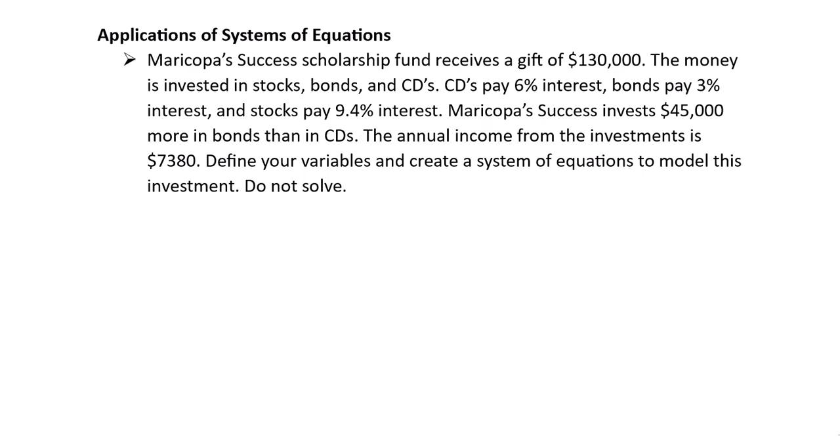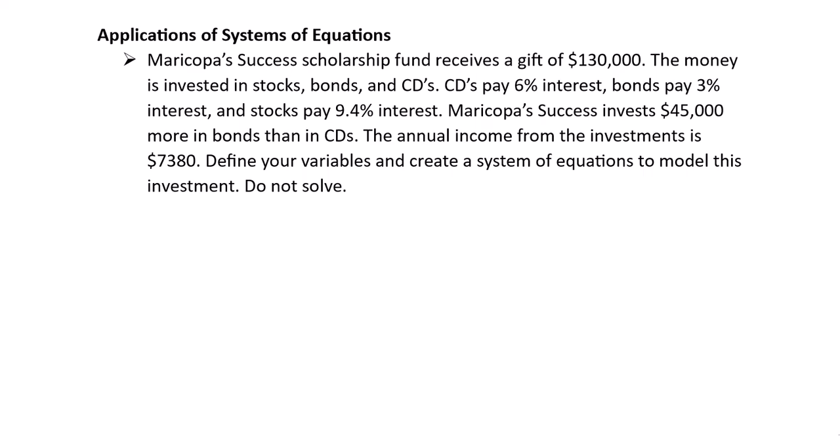Maricopa's Success invests $45,000 more in bonds than in CDs. The annual income from the investments is $7,380. Define your variables and create a system of equations to model this investment.